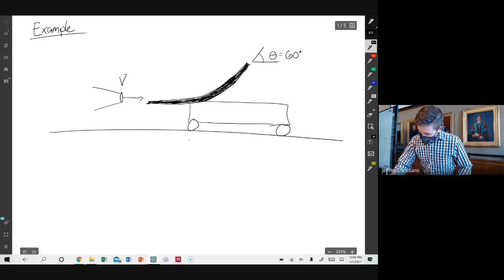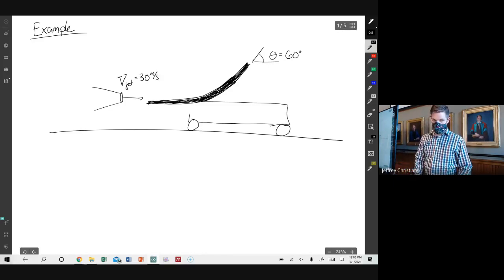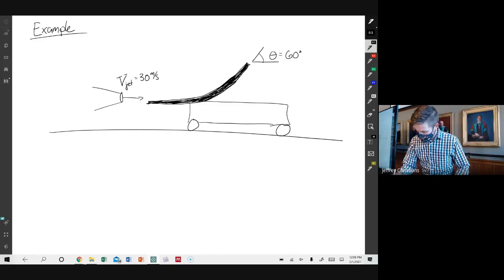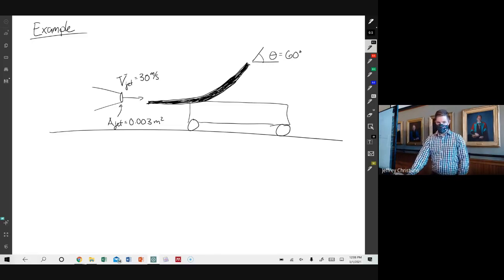The velocity of that jet is 30 meters per second, and the area of our jet is 0.003 meters squared.